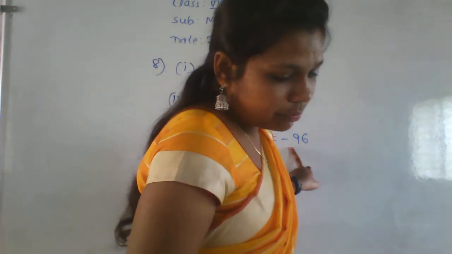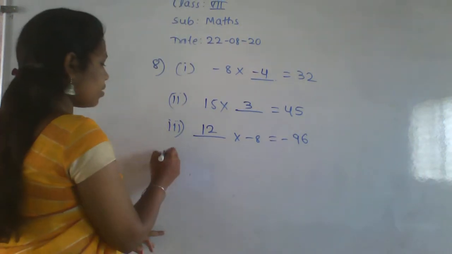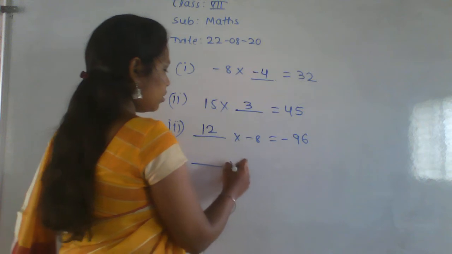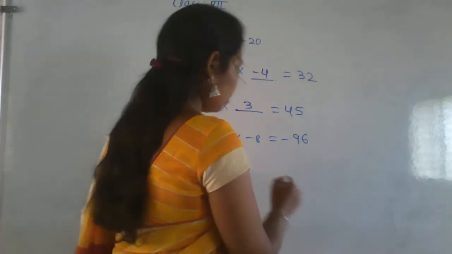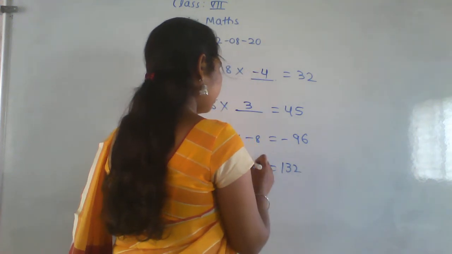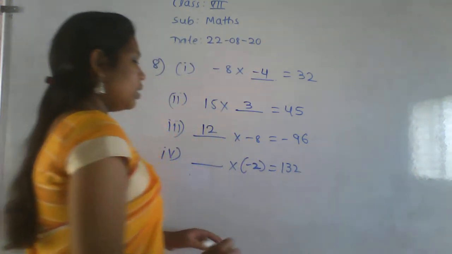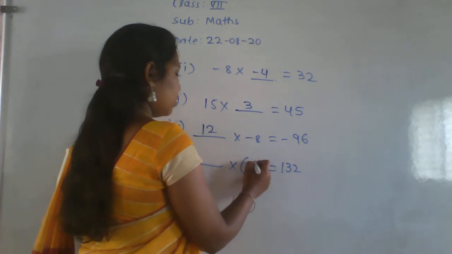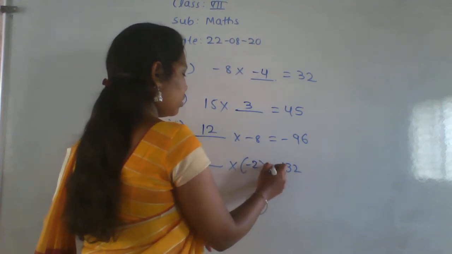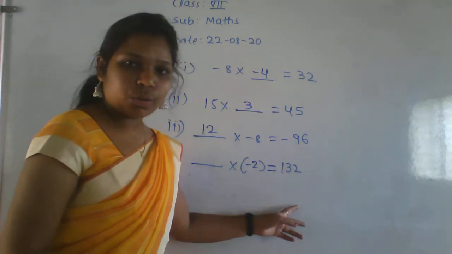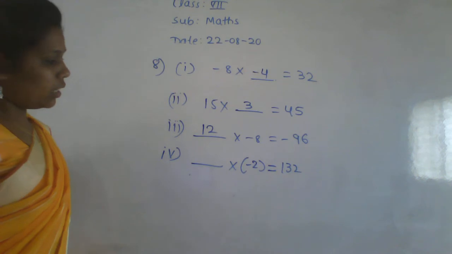Next problem, fourth one. Dash into minus 2 is equal to 132 here.